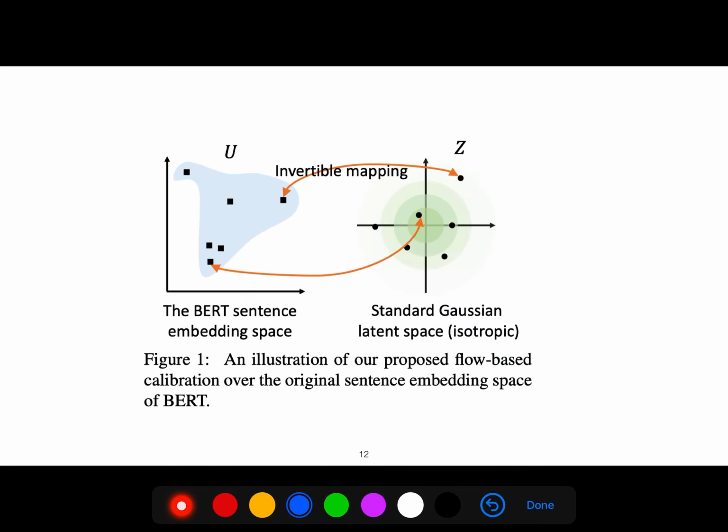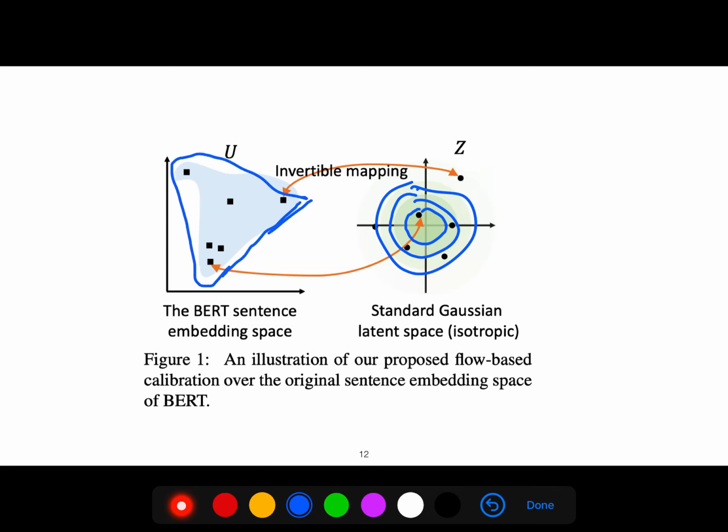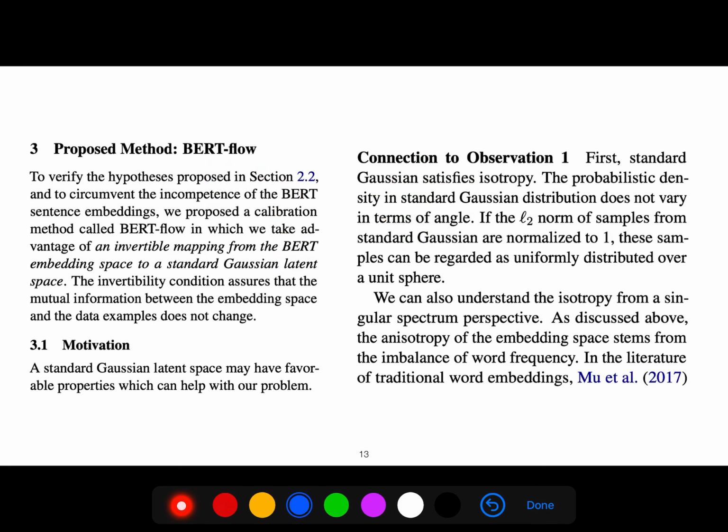So this is an illustration of our proposed flow-based calibration. We map it to a Gaussian probability distribution. This distribution is very anisotropic, but we map it to something which is isotropic.